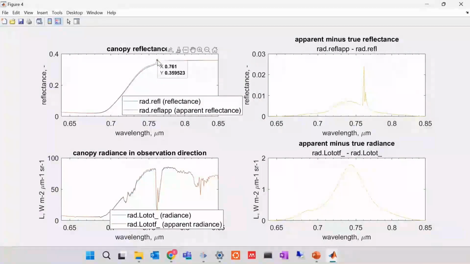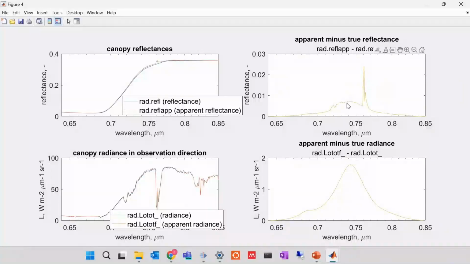And this is called apparent reflectance and apparent radiance. So it's how we actually see with the instrument, how we actually observe with the instrument their reflectance. So the difference between them, between the apparent and the true reflectances and radiances, is the solar-induced chlorophyll fluorescence.